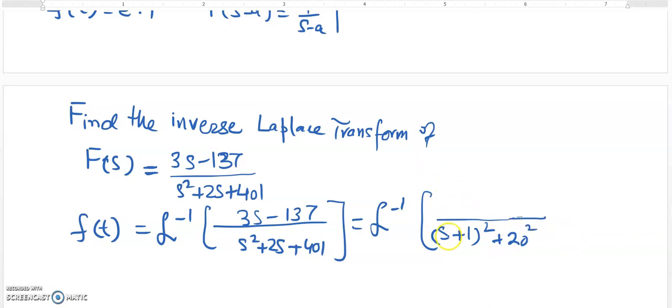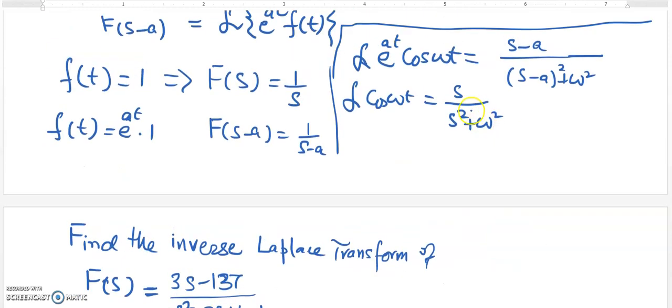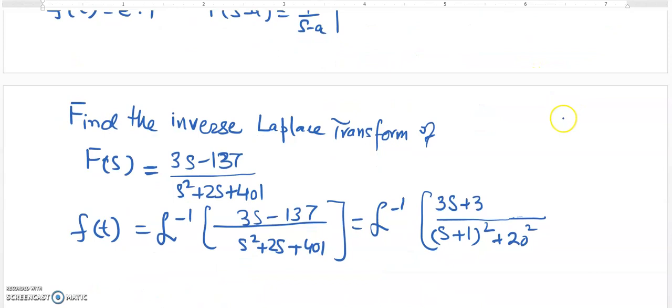On the top we have 3s, and I can add 3 and take 3 common, so it will be s plus 1, so that we can find this format: (s minus a) over (s minus a) square plus omega square.